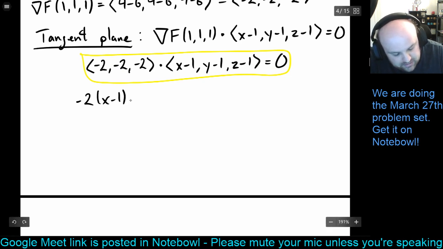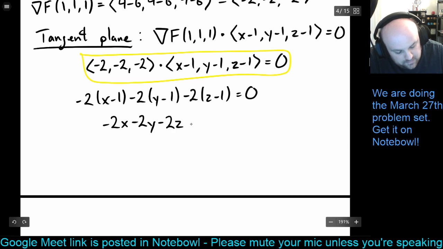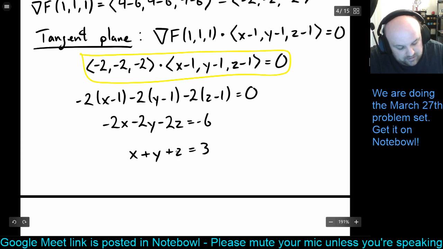-2 times x minus 1, -2 times y minus 1, and -2 times z minus 1. Let's see. If you simplify this, you'll wind up with this. This is going to be +6, so -6 over here. So the simplest form of this would be here.